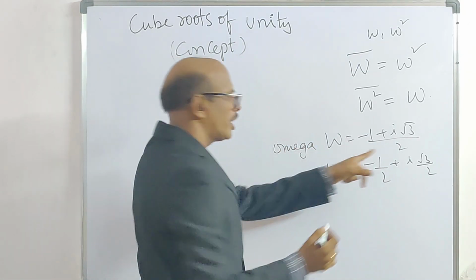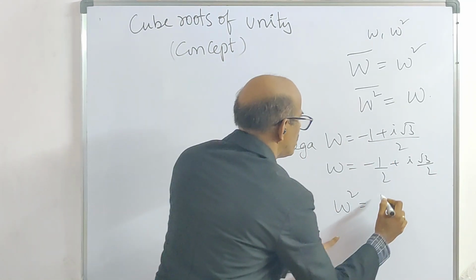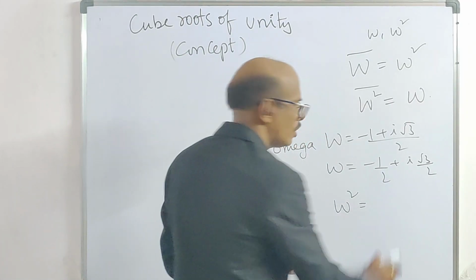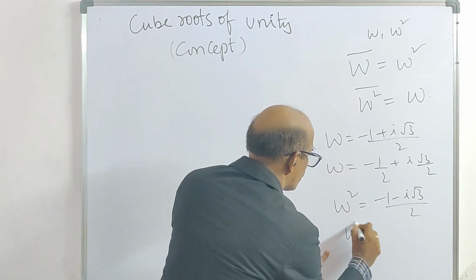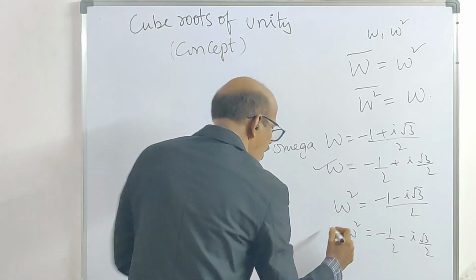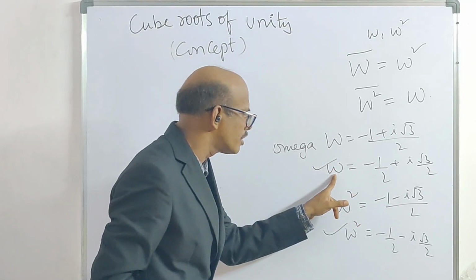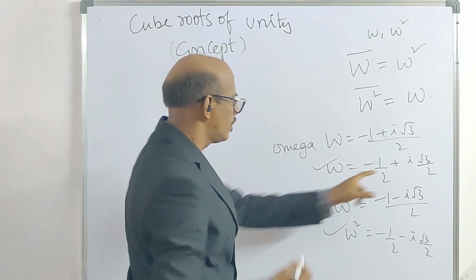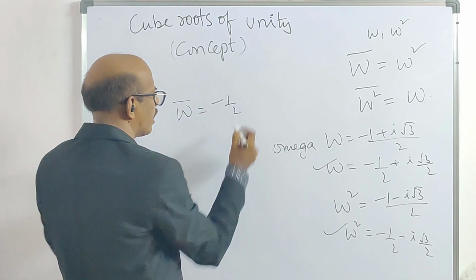Concentrate. Omega is minus 1 plus i root 3 by 2. Here is the real part, and omega square, we know very well, is minus 1 minus i root 3 by 2. So omega is minus 1 plus i root 3 by 2, and omega square is minus 1 minus i root 3 by 2. If you observe omega and omega square, if you take the conjugate of this, it will be like this. The conjugate of omega: x plus iy conjugate is x minus iy, just now I introduced the conjugate.